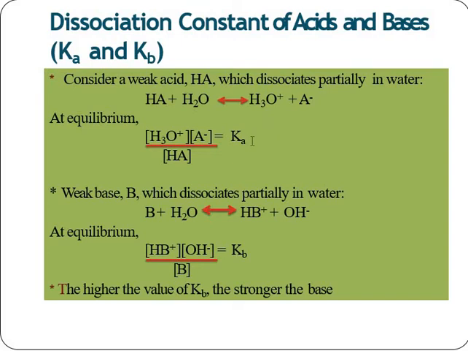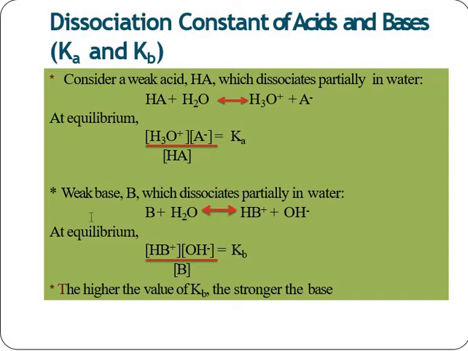It is indicated by Ka and Kb. So Ka is equal to the concentration of H3O plus into the concentration of A minus divided by the concentration of HA. It means concentration of products divided by reactants is called the dissociation constant of a weak acid.